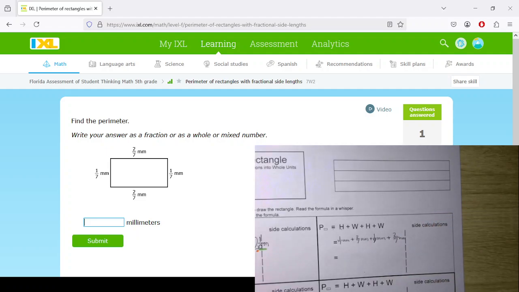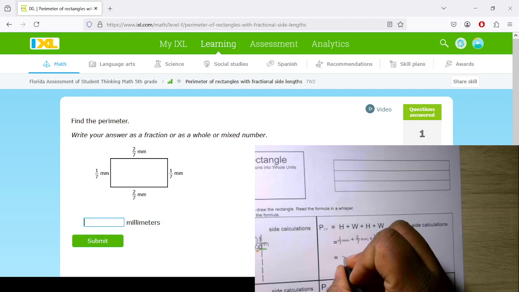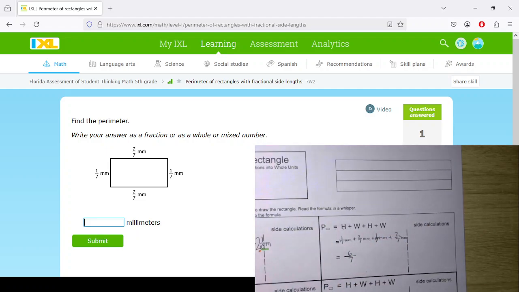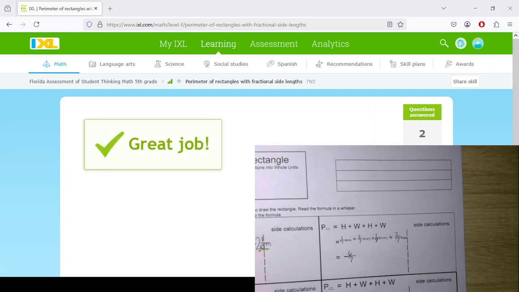There is not a whole number part. 1/7 plus 2/7 is 3/7. 3/7 plus 3/7 is 6/7. So 6/7 is what I need to type. Good job.